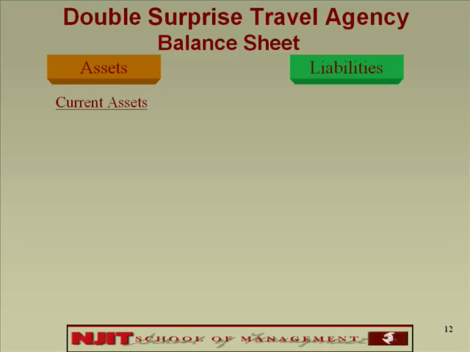The assets are broken down into two categories: long-term, short-term. Pick out the short-term assets from your spreadsheet. It should be cash, accounts receivable, supplies. Are there any more?